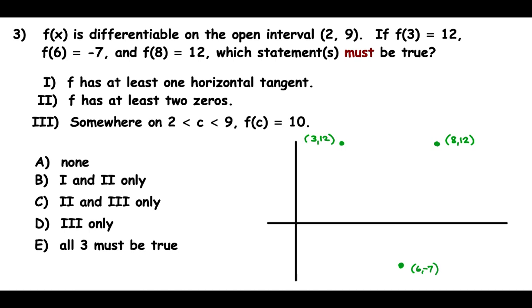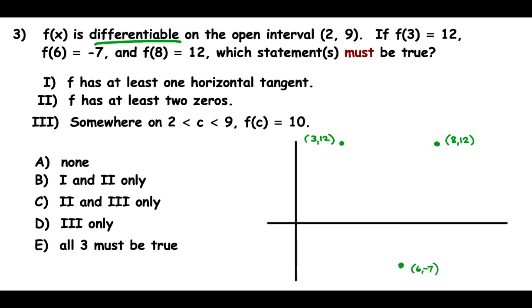It says which statements must be true. You know, what if it came down and what if the slope wasn't 0? What if it was like an absolute value type look or a jaggedy V shape? Then the slope wouldn't be 0 there. It wouldn't be a horizontal tangent. But I know that can't be true because the problem says that f of x is differentiable. And since it's differentiable, I cannot have a corner or a cusp. So that's out.